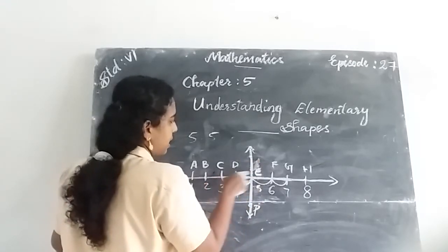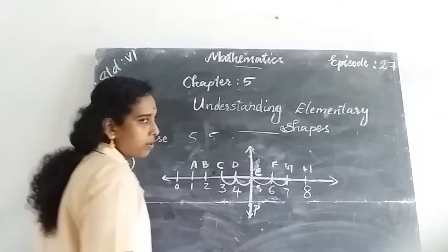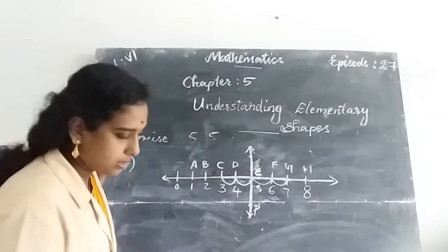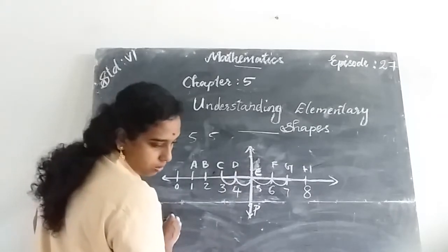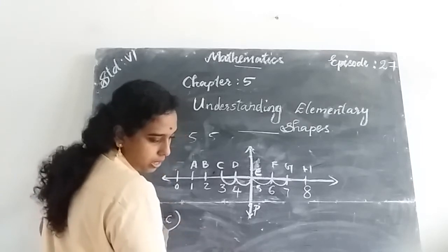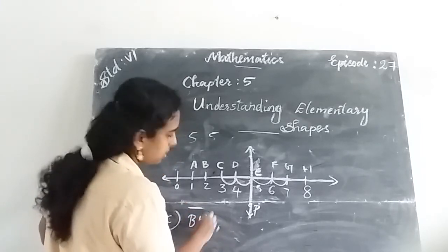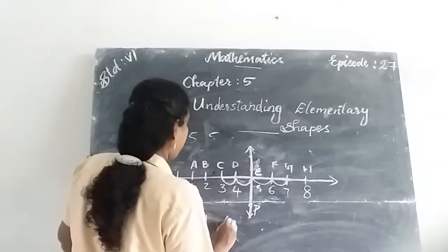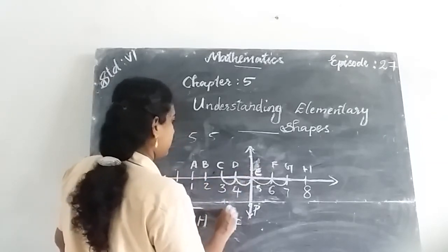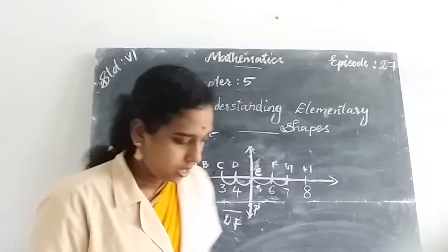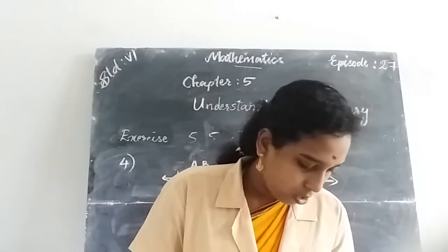Then if we take CG, it is also a perpendicular bisector. Okay, so the answer of part C is line segment BH and line segment DF or CG, etc.